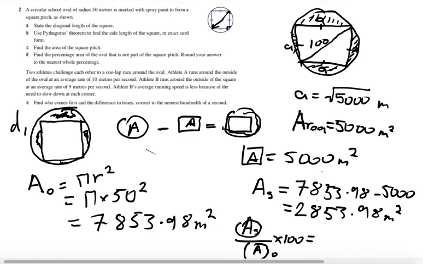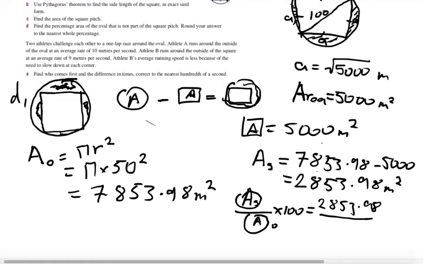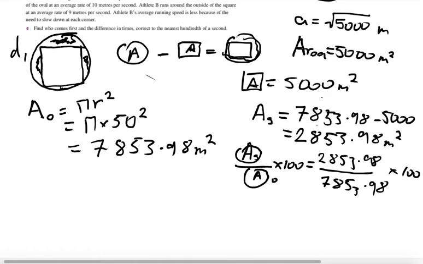So that's 2,853.98 divided by the total area of the oval, which is 7,853.98, times by 100.